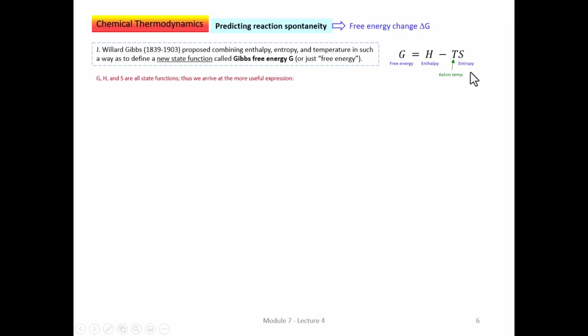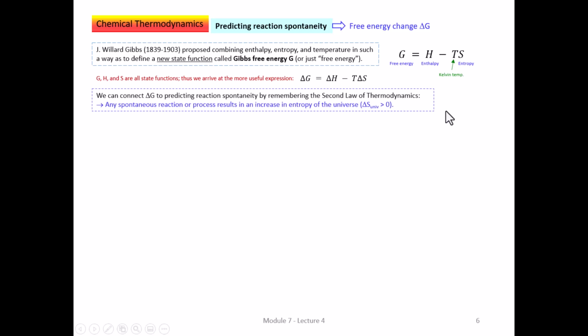This is a literal definition. Since G, H, and S are all state functions, we can put this in a more useful form. deltaG, which we simply call the change in free energy, is equal to deltaH minus T delta S.